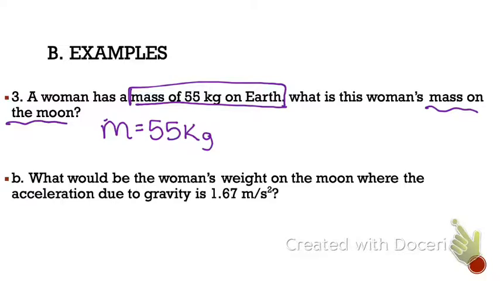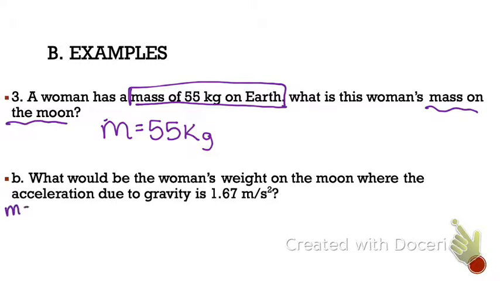So what do you think should happen to the weight of this woman if she's going to the moon where the acceleration due to gravity is less? Remember, these are proportional. So if the g goes down, that means her weight should go down. So we should have a weight less on the moon than what her weight would be on Earth. So we are still solving for weight.